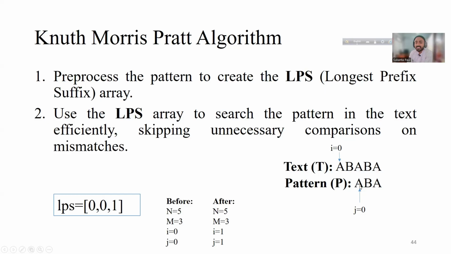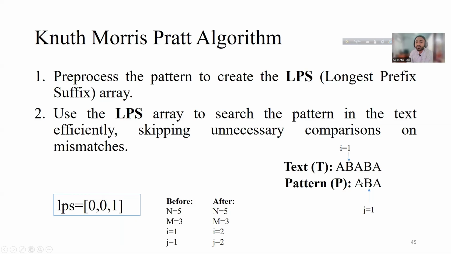So when a match occurs, we proceed to the next position in pattern P and the next position in text T. There is also a match at i equal to 1 in the text T and j equal to 1 in the pattern P. That means Pj is equal to Ti.